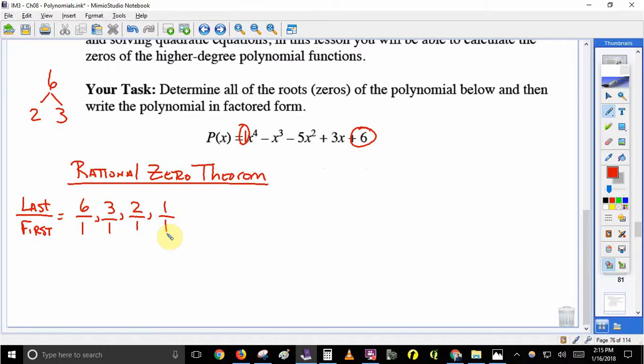Then we put plus and minus in front of everything. So we have 8 possible roots that we want to check: plus and minus 6, plus and minus 3, plus and minus 2, and plus or minus 1. Those can all be roots, or the C values that we're going to use for our remainder theorem.